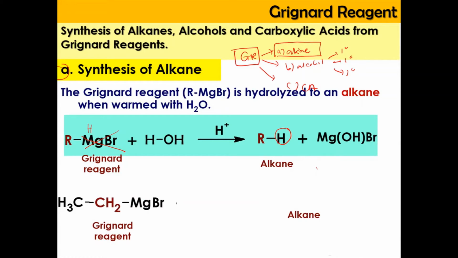Okay, so another example here, if we have ethyl magnesium bromide, so we have ethyl MgBr here, and then when we apply water at acidic condition, we're going to remove the MgBr and replace it with H. So what we're going to get is an alkane, which is ethane. Okay, and the side product that we're going to get is MgOHBr.